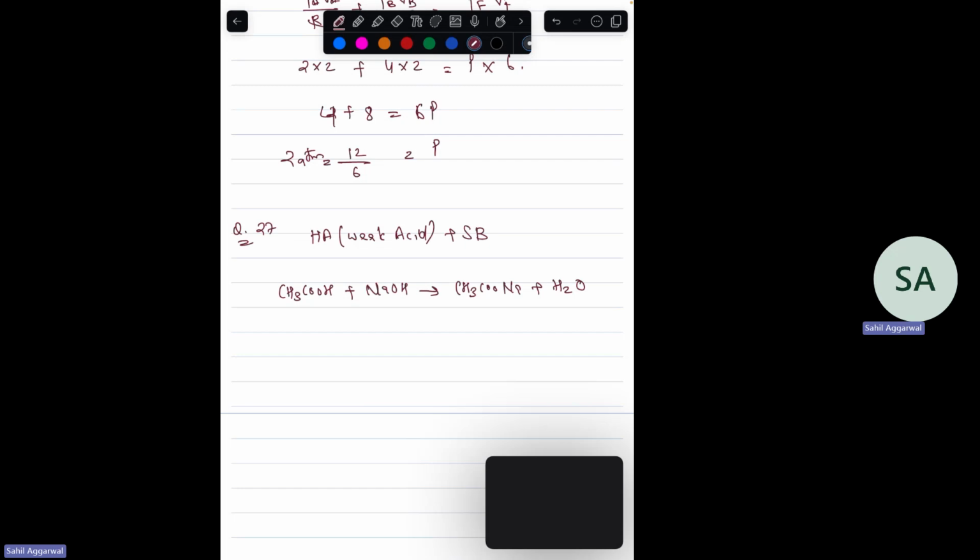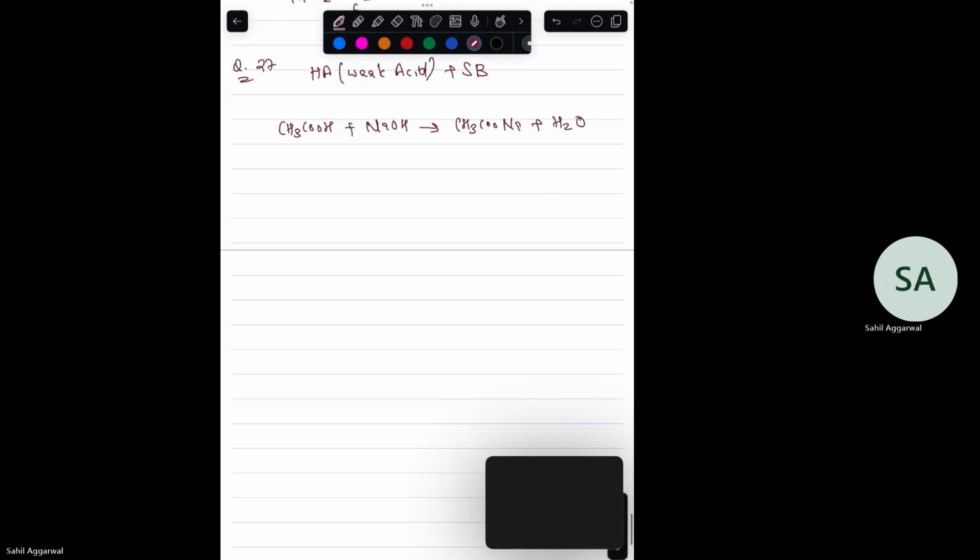At half of the equivalence point, that means half of the reaction occurs. At half of equivalence point means half neutralization occurs. Half neutralization occurs.